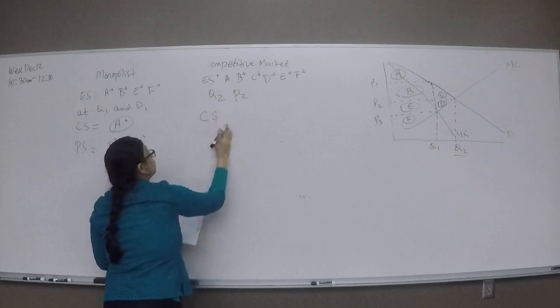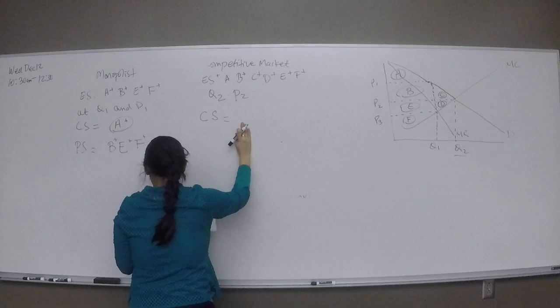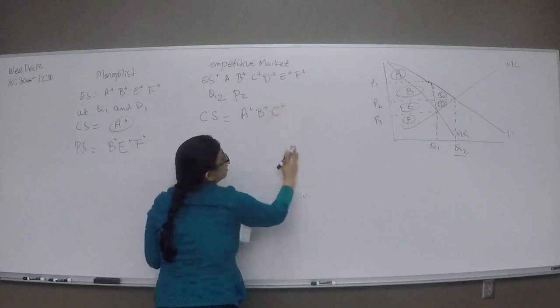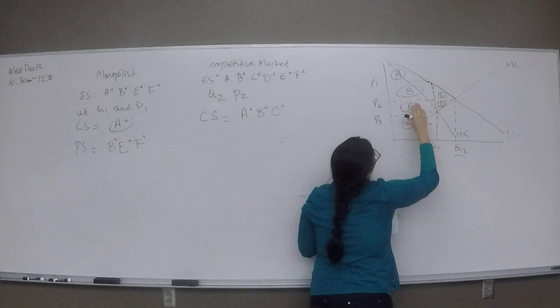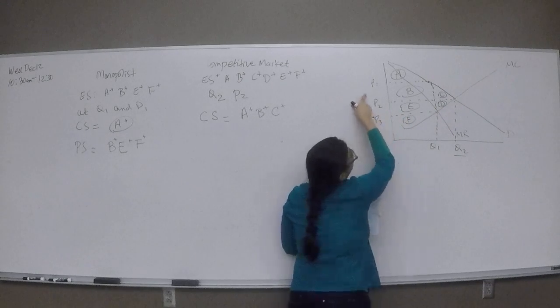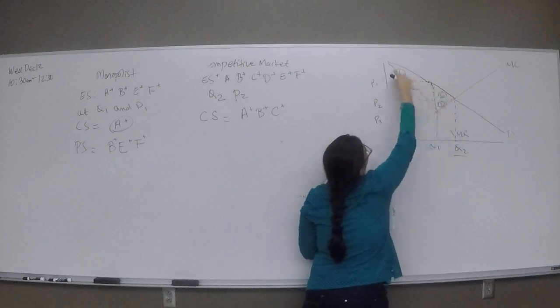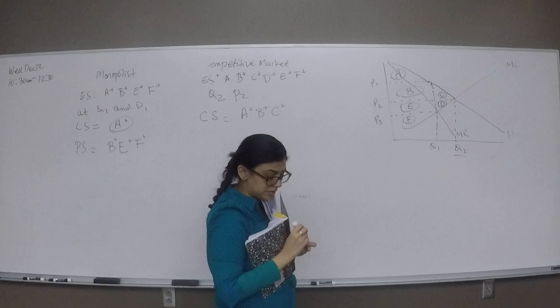Out of the economic surplus, the consumer surplus is A, B, and C. So the entire region above the equilibrium price and underneath the demand curve is consumer surplus.